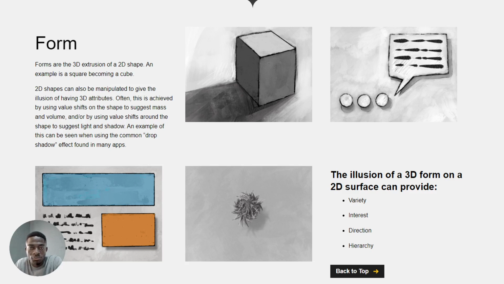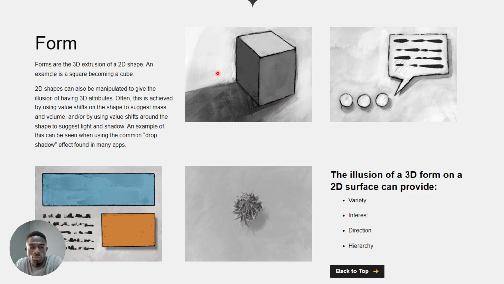All right, next we look at form. Okay, form, the way in which the art you're making comes. Okay, it can either be 2D or it can be 3D. Okay, and the forms are 3D extrusions of 2D shapes.